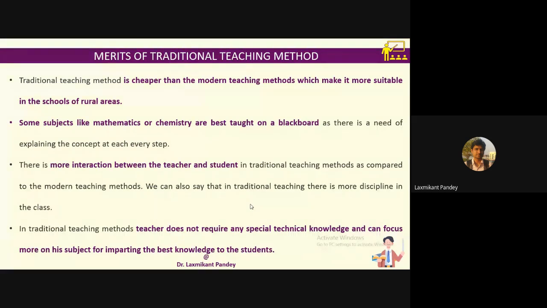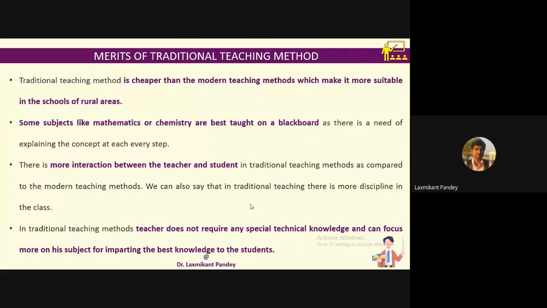It is not a merit; it's a kind of demerit of newer technology. In older technology it's very good, because in the traditional methods, the teacher has sufficient time to prepare for the lectures and has a good knowledge of the subjects.